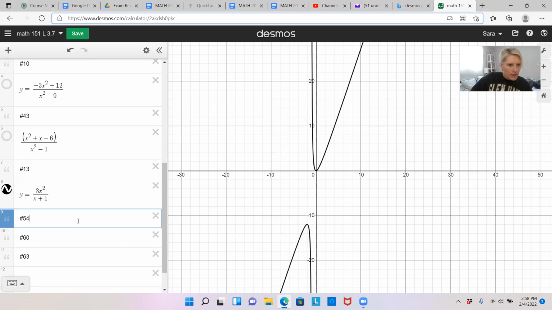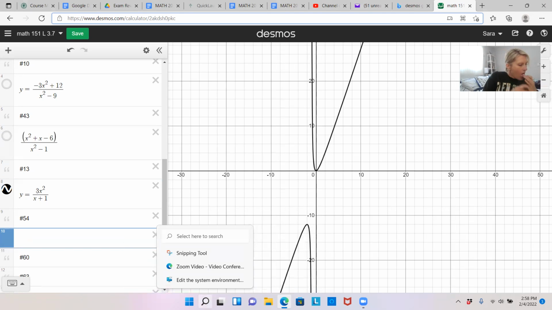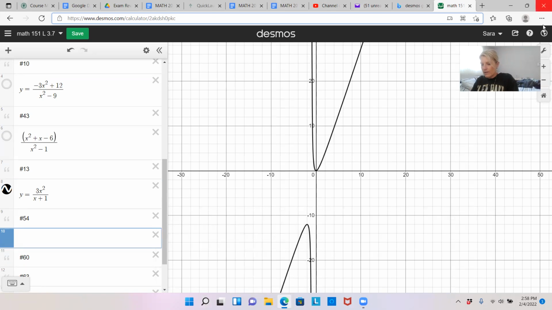And let's just take you to the book where we talk about the slant asymptotes. It's on page, where did they go? Oh, page 290, I think, here. Okay. Let's go back to my paper.